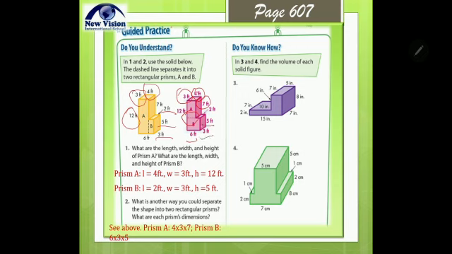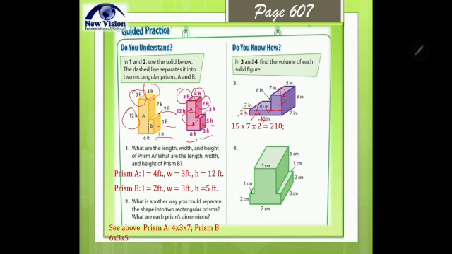In 3 and 4, find the volume of each solid figure. So in dividing our solid figure, we can divide it either vertically or horizontally. So this time, I will divide it horizontally. So we have prism A and prism B. Our dimensions, for prism A, we have 15 times 7 times 2, that is equal to 210.